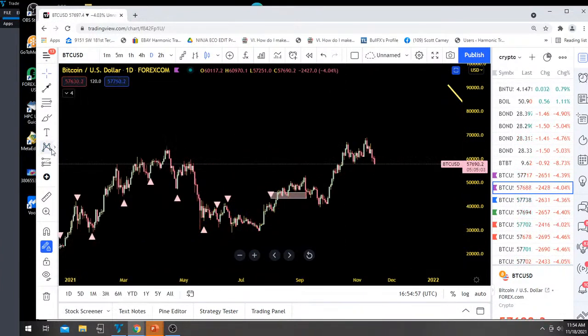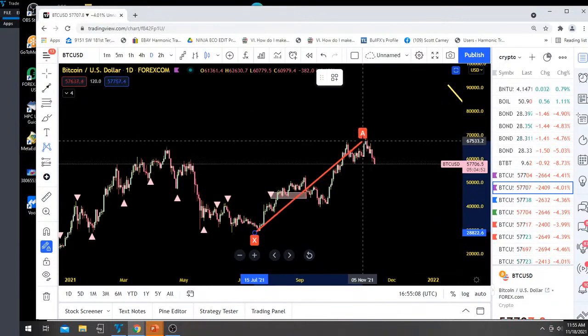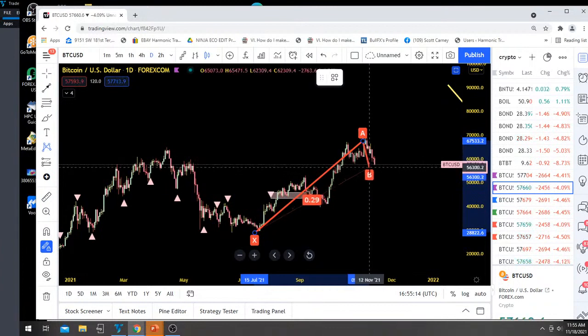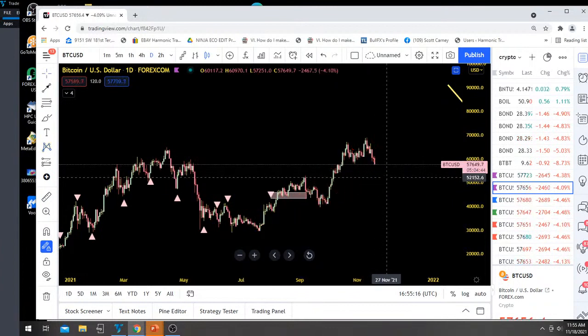Again, if that's just in that consolidation path here, well, maybe you come back and you do a 382. Your 382 on your daily would take you down to 53,000. And again, you're running out of time.